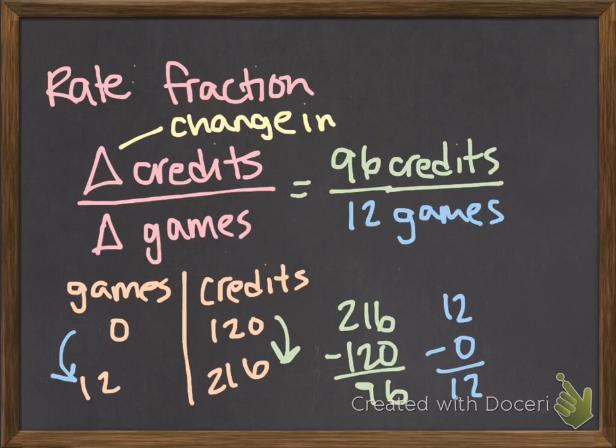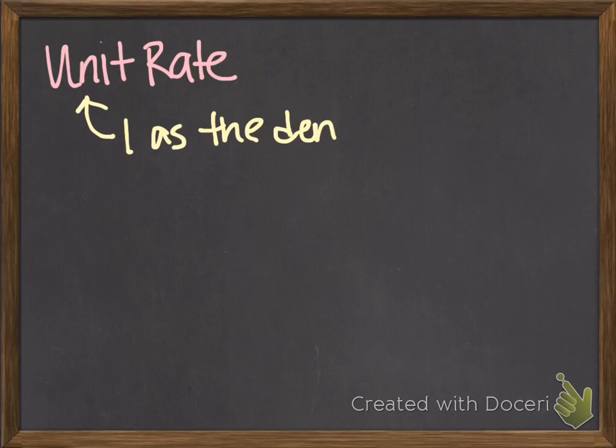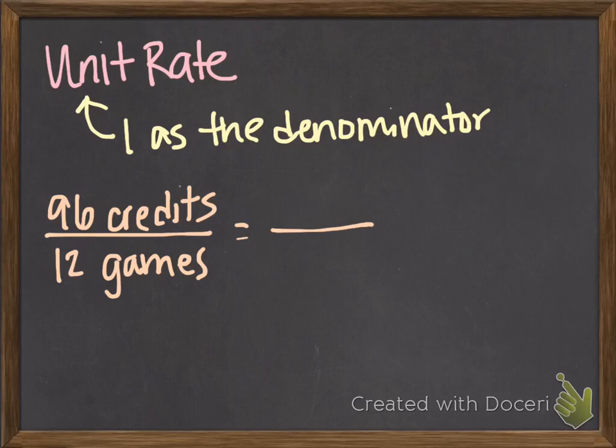Number 3. Write the rate as a unit rate and explain its meaning. So a unit rate is whenever 1 is the denominator in your rate. Okay? So this is what we left off with on the last problem, 96 credits divided by 12 games.